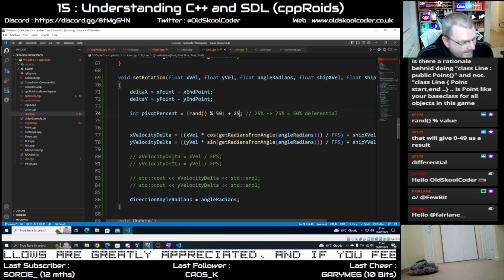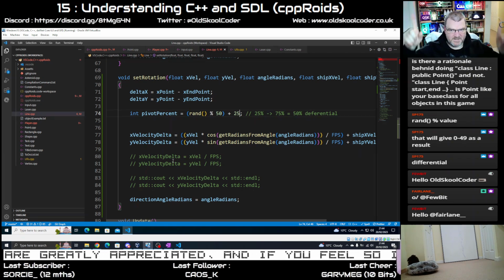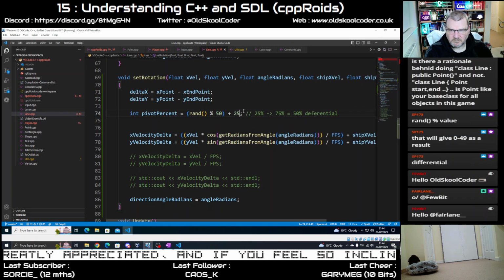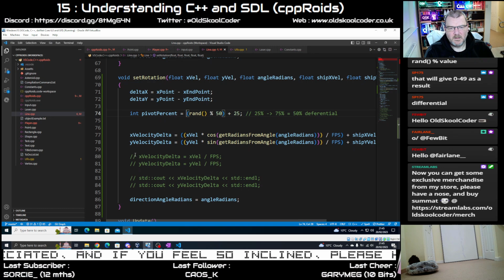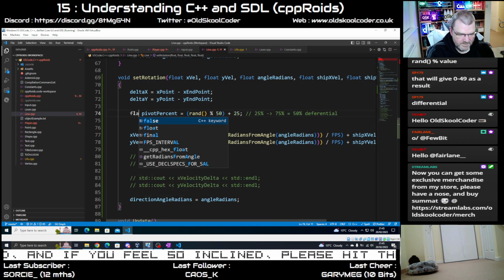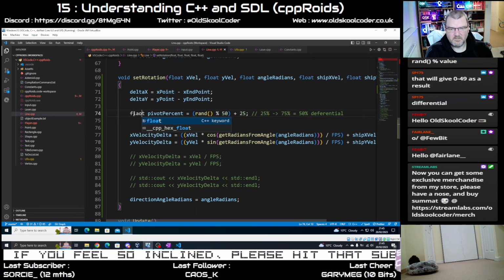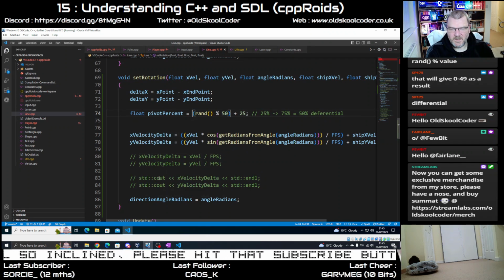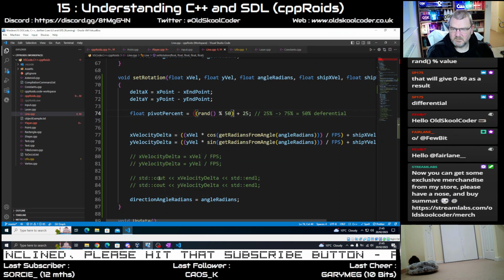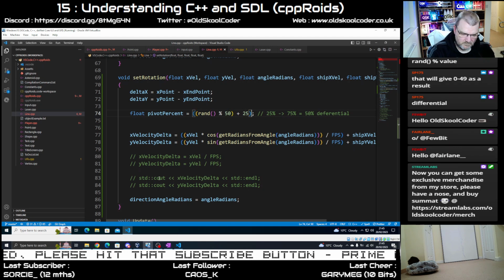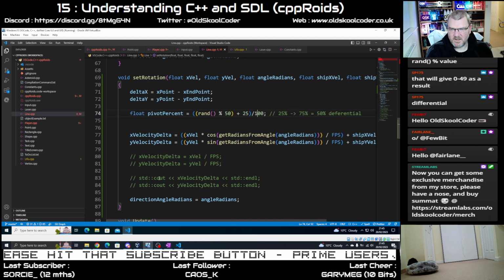So that gives us our percentage point. And then I'm going to convert that to a float, and then divide the whole thing by 100 to give us our percentage value.